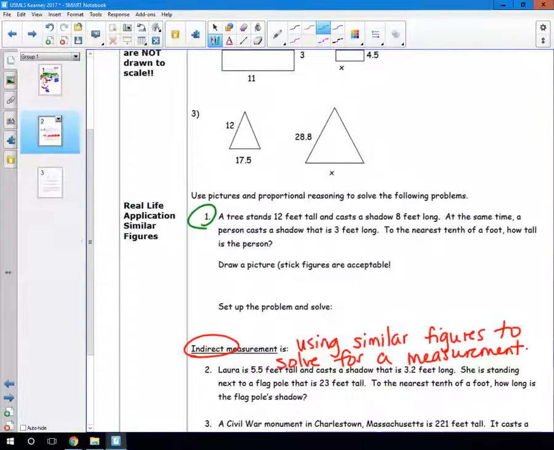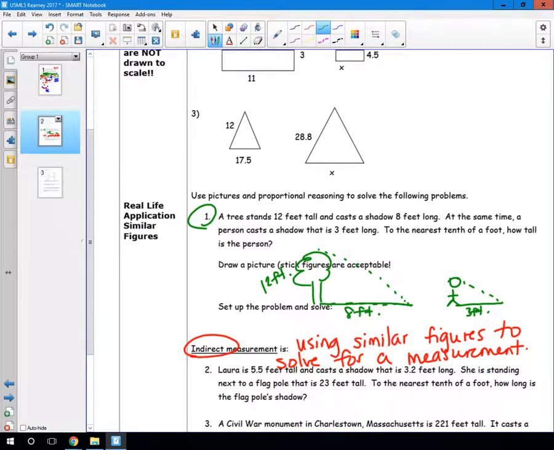So we have a tree that's 12 feet. And this tree casts a shadow on the ground that is 8 feet. So here's the shadow on the ground. And then we've got this person who casts a shadow on the ground that's 3 feet.